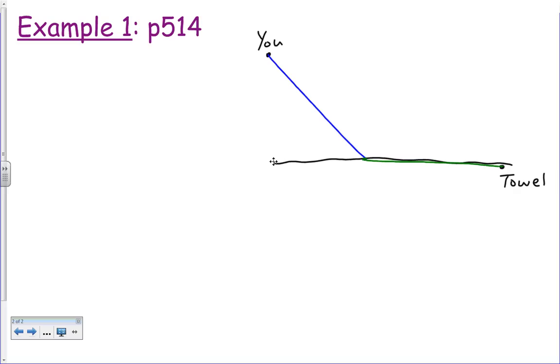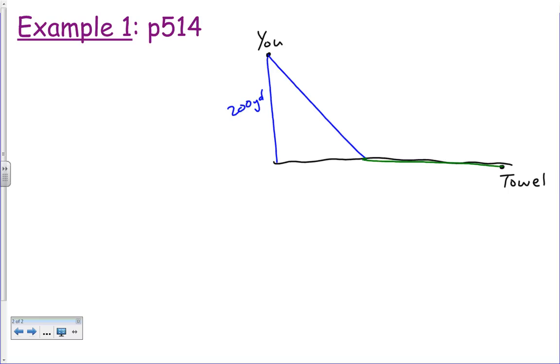They told us a couple of other pieces of information. They told you that you are initially 200 yards from the beach, so let's mark that this distance right here is 200 yards. They also told you to define x, the distance from the closest point on the beach to the point where you make landfall.